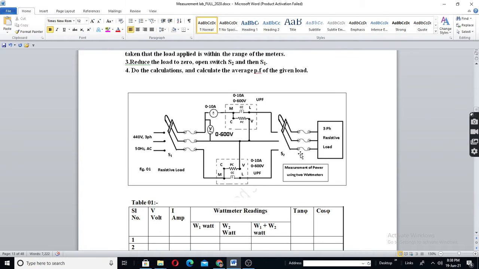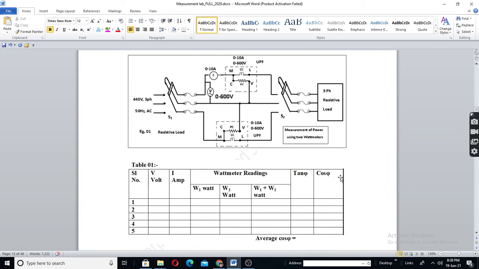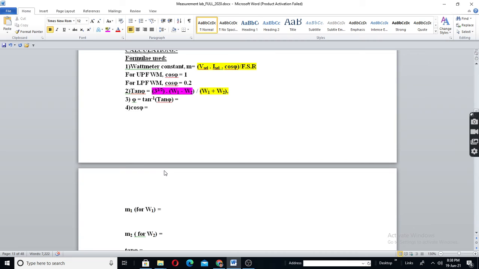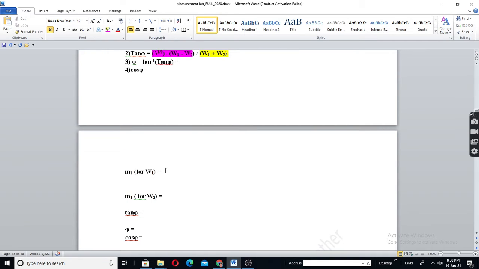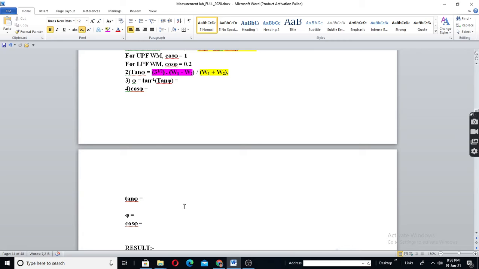And then also write down M1 for W1 and M2 for W2. You can write here like this.